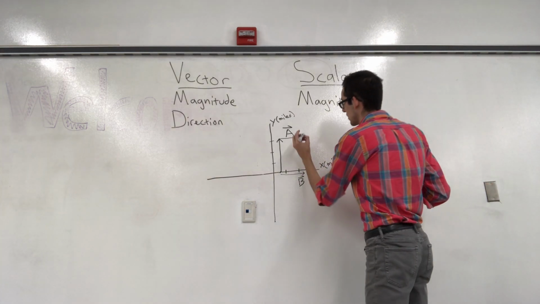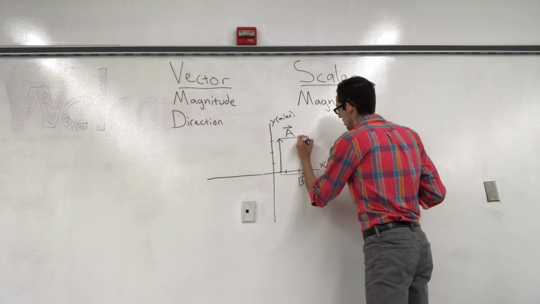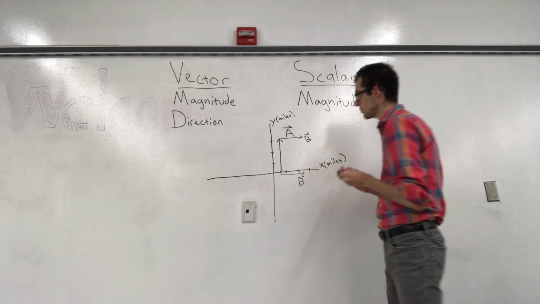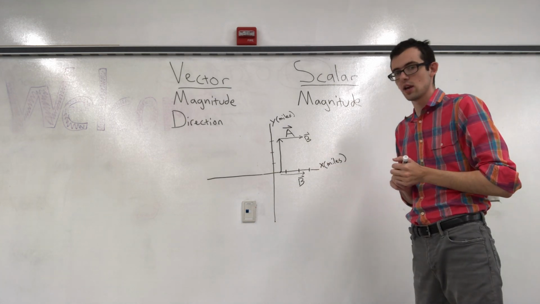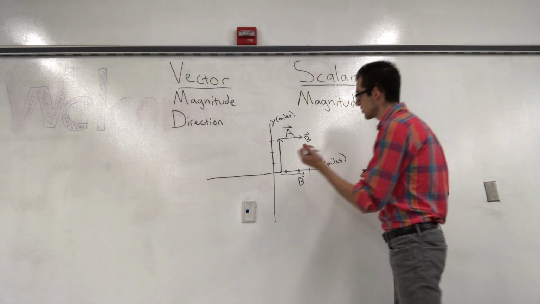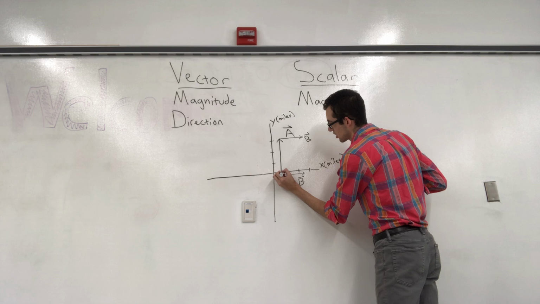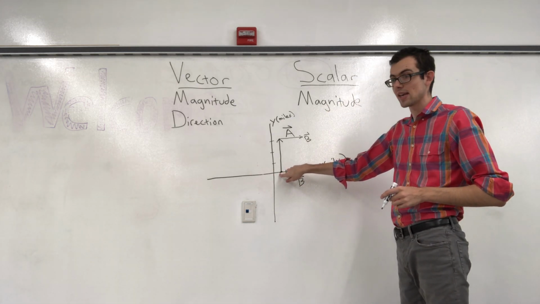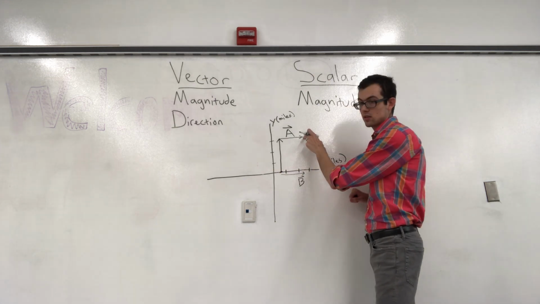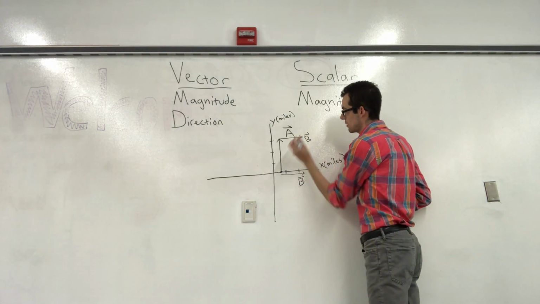Now we've added the vector B onto A. So we went 3 miles north, then we went 2 miles east, and what we call our resultant vector, which we'll call C, we start from the very beginning, so the tail of A, then we go to the very end of our vectors, so all the way to the tip of B.